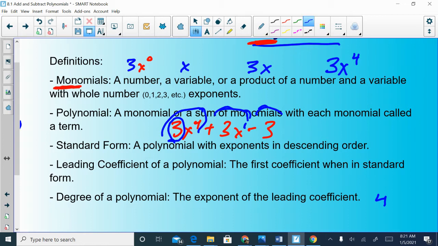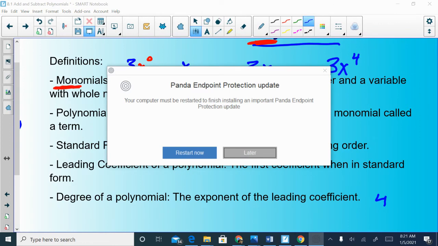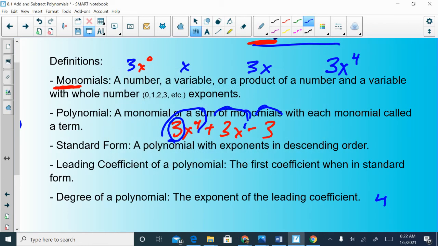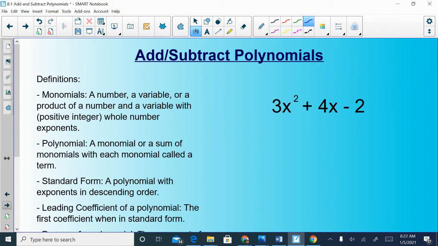A polynomial would be adding or subtracting a couple monomials together. In standard form would be when our exponents are decreasing. That's nice. The leading coefficient is the first coefficient when it's in standard form, and the degree is the biggest exponent that is in the polynomial. So here's a perfect example of a polynomial, right?